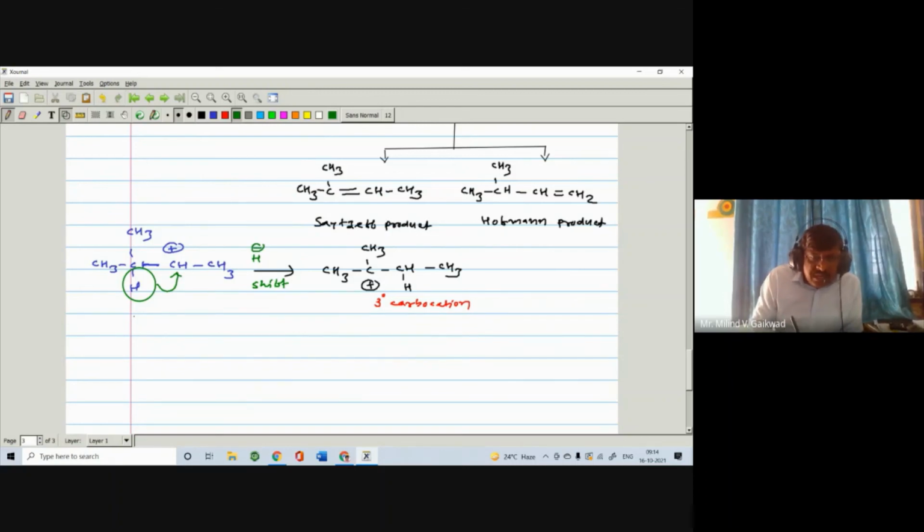So it was a secondary carbocation, and it becomes a more stable carbocation. The secondary carbocation converts into the tertiary carbocation. Secondary carbocation is less stable as compared to tertiary carbocation, which is more stable.